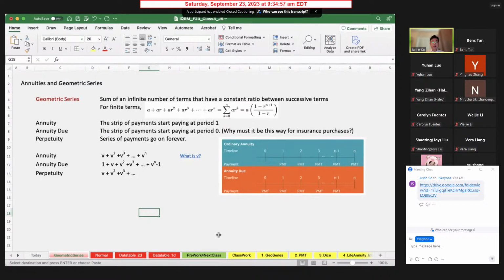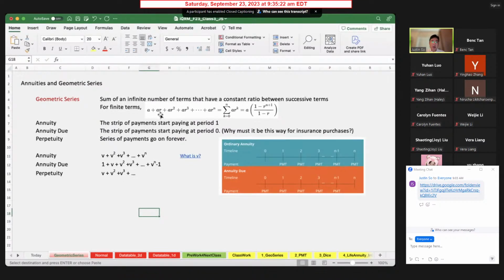So geometric series: those terms have constant ratios between the successive terms, the terms next to each other. Typically you're going to see this type of expression, the A and then A times R, AR.